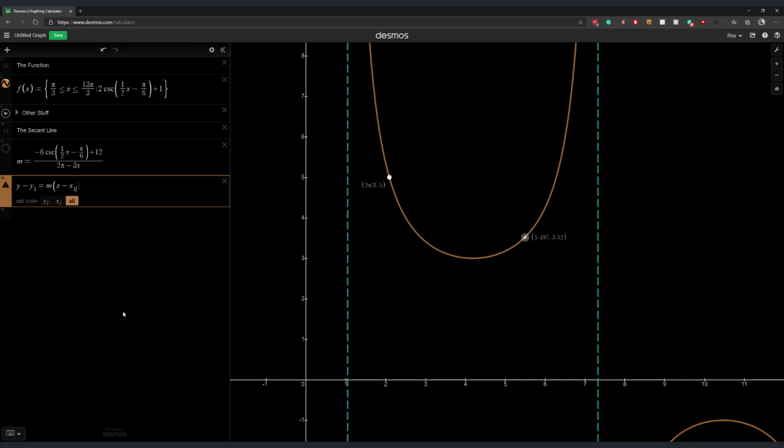The problem here is that we need to replace x sub 1 and y sub 1 with a and f of a. So I'm going to replace x sub 1 with a and y sub 1 with f at a. Now, if you notice, it says add a slider for a. Oh, that's because we were using b.